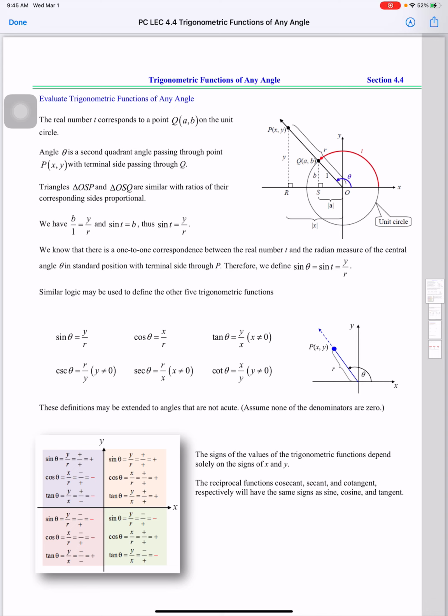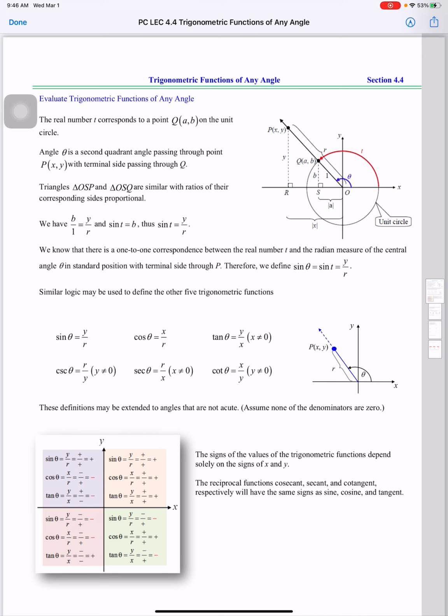All right, guys, so now we're on section 4.4, and the title of this entire section is trigonometric functions of any angle. We began this unit with the unit circle, where we had a radius of 1.